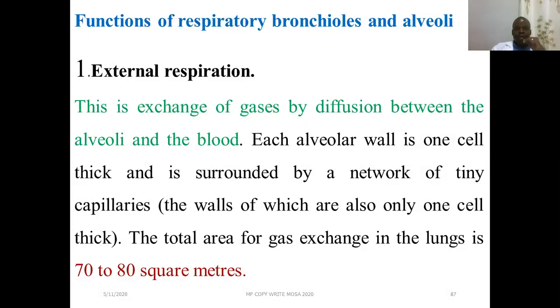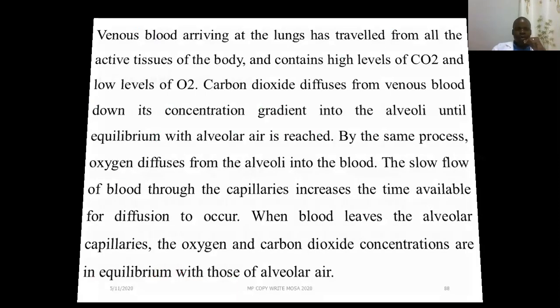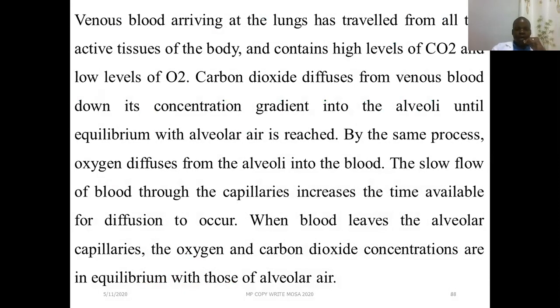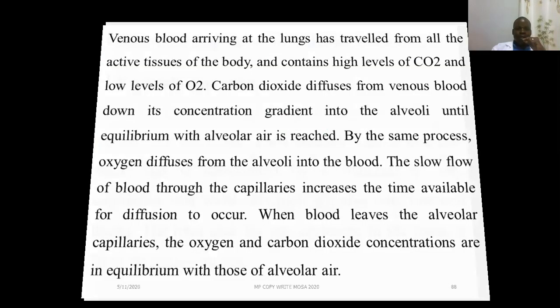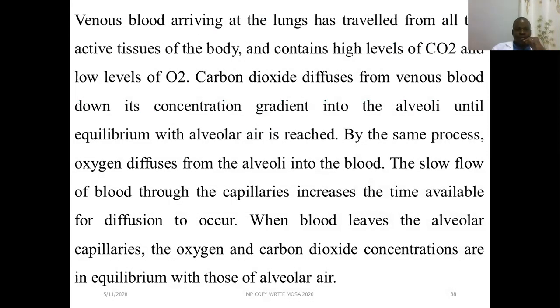Functions of respiratory bronchioles and the alveoli. One, external respiration. Earlier on when we were starting this, I explained what external respiration is. This is exchange of gases by diffusion between the alveoli and the blood. So we're talking of oxygen and carbon dioxide.